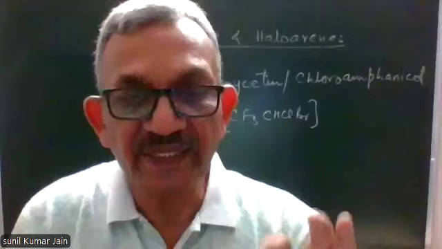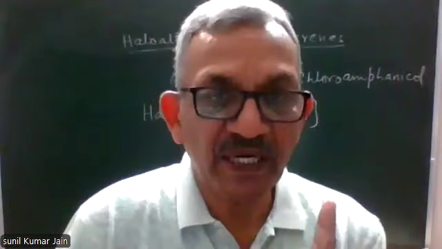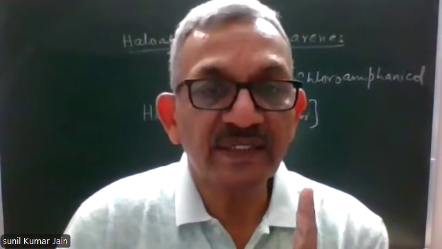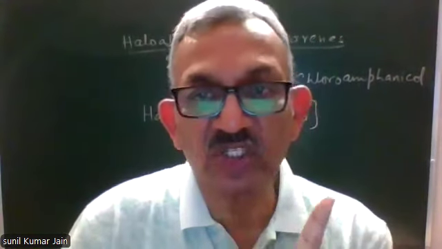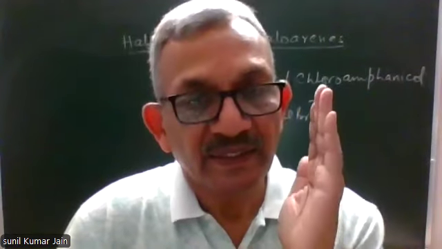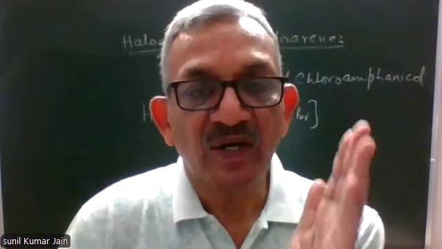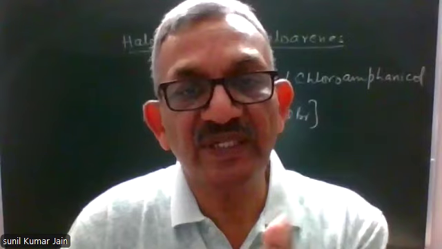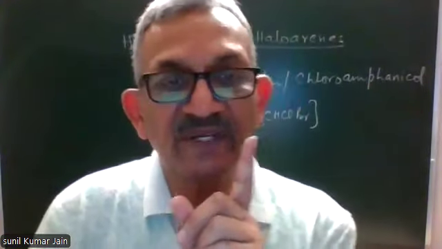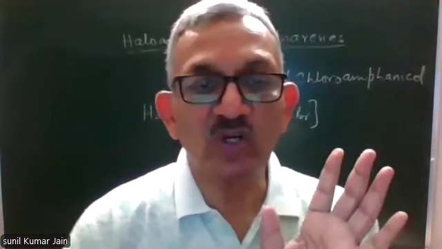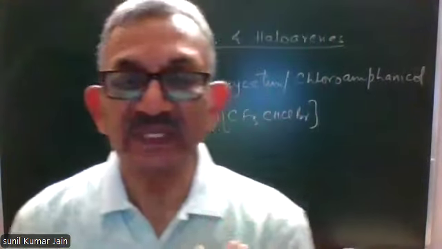So in this classification, in A part of classification, I'm considering compounds in which halogen is bonded to sp3 hybridized carbon atom. This category of organic halides, they are further divided into 4 categories. First category will be alkyl halides or haloalkanes.